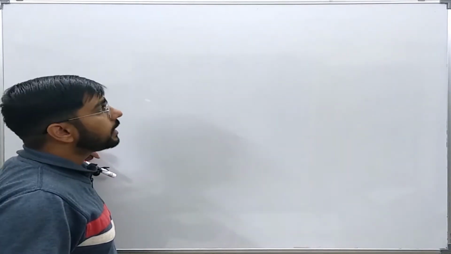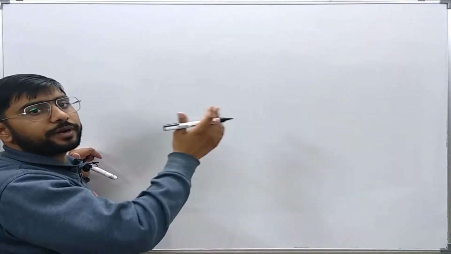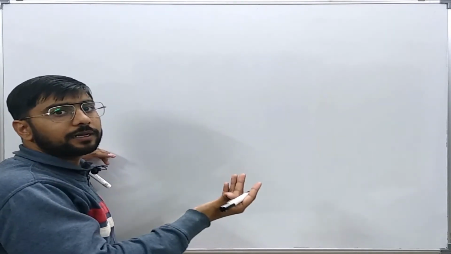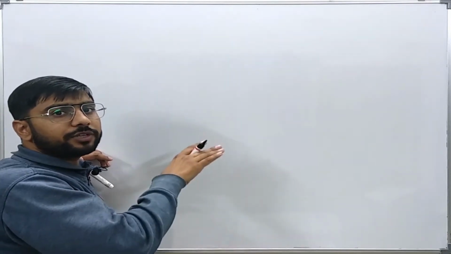As I have told, if the burden is increased beyond a certain limit, like let us say the secondary is open, that is, burden is infinite, then there will be saturation of the CT core.